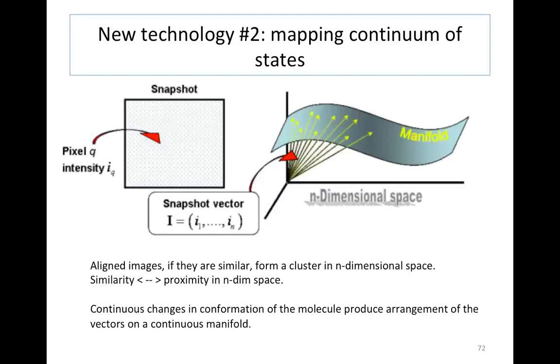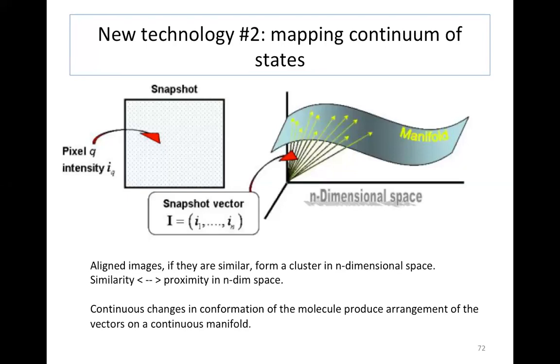Okay, so the other technology, just a couple of slides, has to do with the mapping of a continuum of states. If we have very large data collections and this very large ensemble of images, then even states of molecules that are very rarely visited become visible.